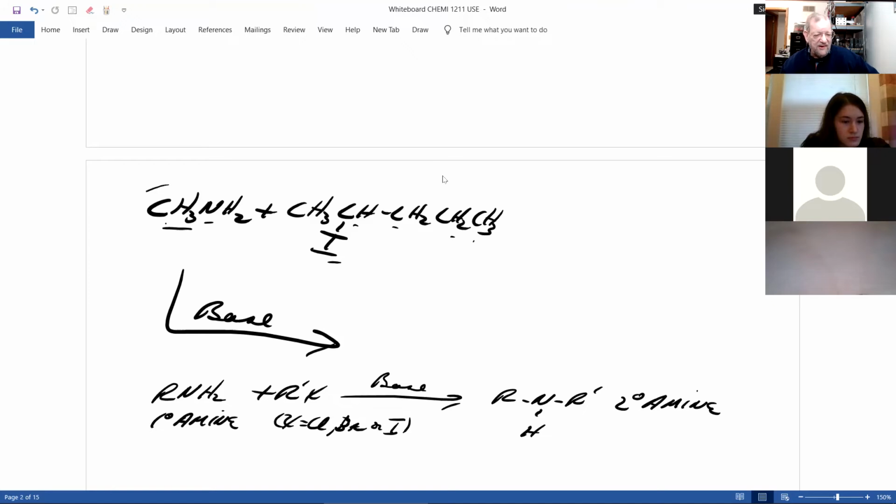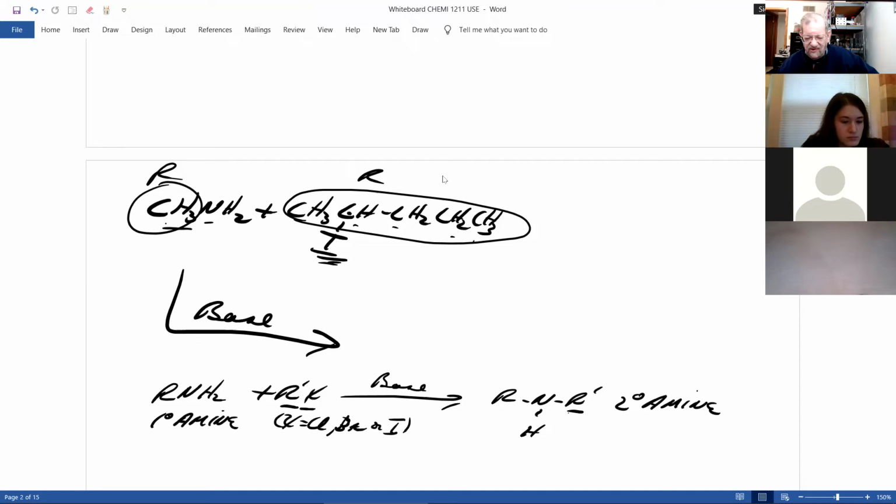So if we look here, here's my R group. Ooh, this is a big one. That's R prime. Notice this carbon has the halogen. The carbon with the halogen is the carbon bonded to the nitrogen. And therefore, I know I don't break carbon-carbon single bonds.